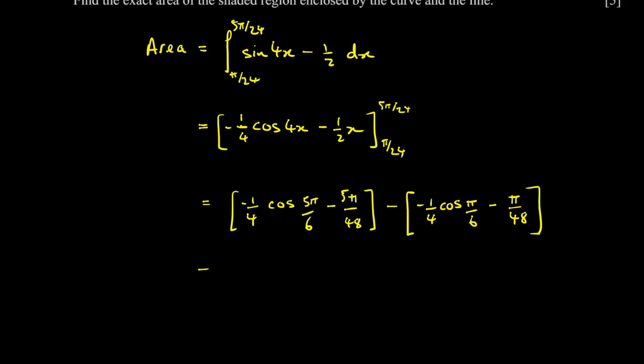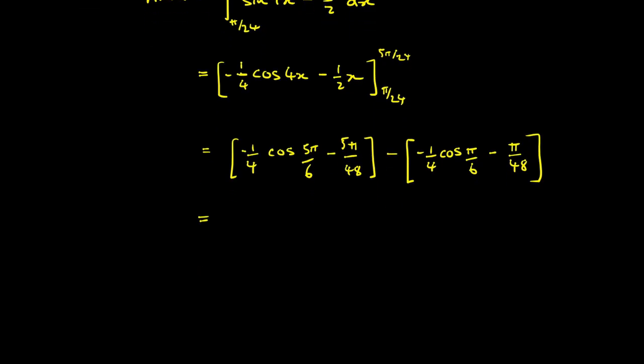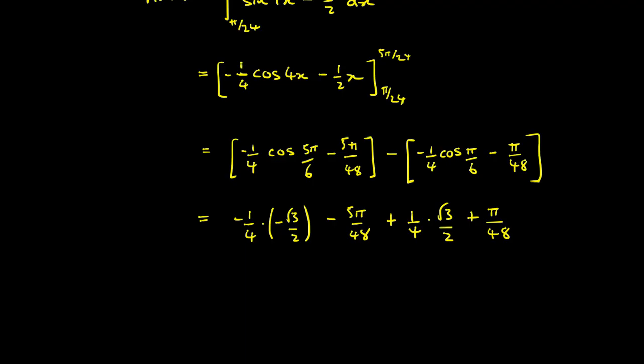Okay, so what I want to do is substitute this into my calculator. So if I type in cos 5 pi by 6, I think I get negative root 3 upon 2. So it's going to be negative a quarter times negative root 3 upon 2, minus 5 pi upon 48, minus minus, which is plus a quarter, and cos pi by 6 is root 3 upon 2, and then minus minus, which is plus pi upon 48.